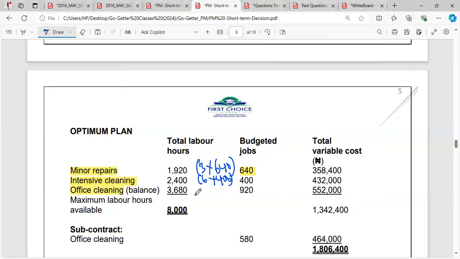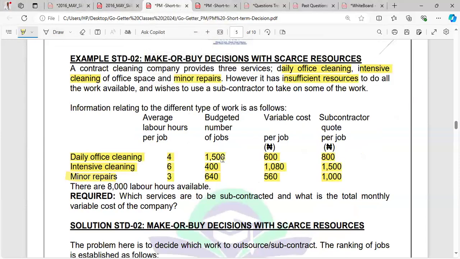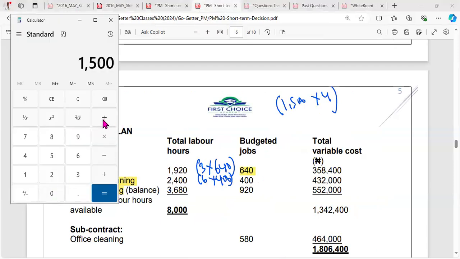3,600 is remaining. Of course, if you look at the last one, which is 15 times 4, let's do that and see what will happen. I'll do it up here. 1,500 times 4. What would that give us? 1,500 multiplied by 4.